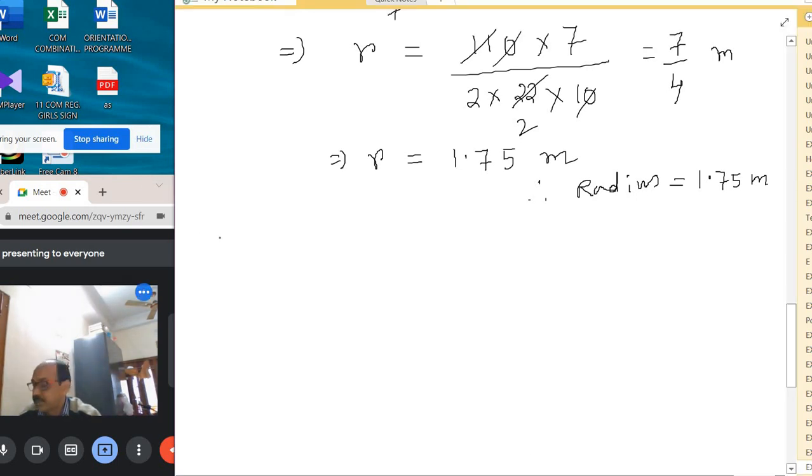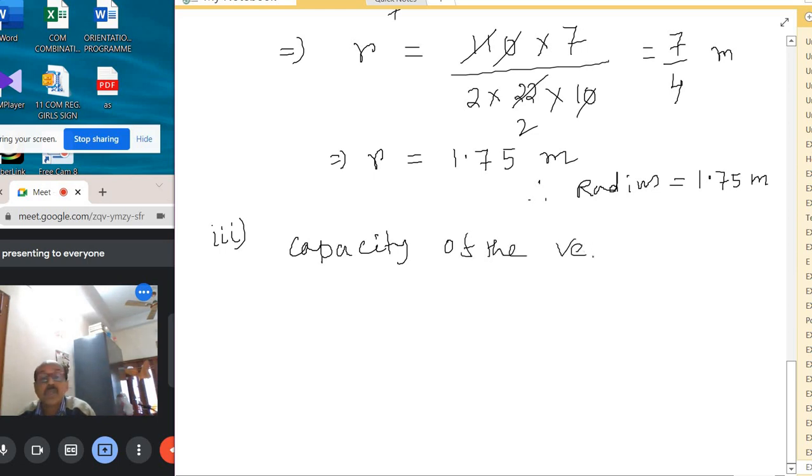Capacity and volume are the same, that is pi R square H. So capacity of the vessel equals pi R square H, and pi is 22/7 into R square.